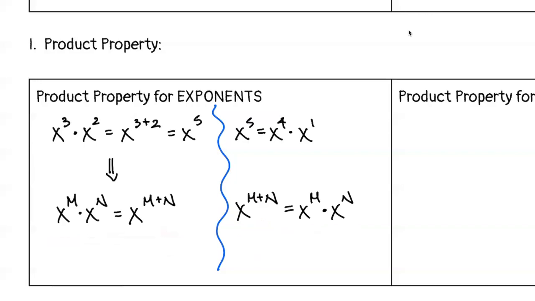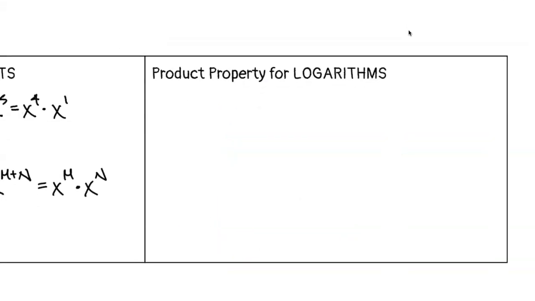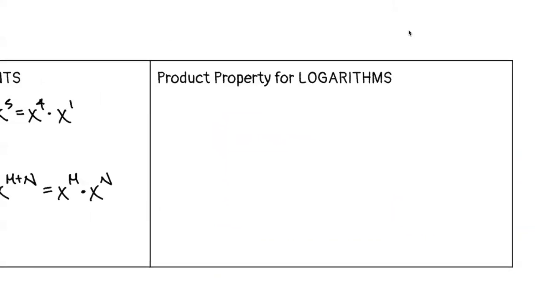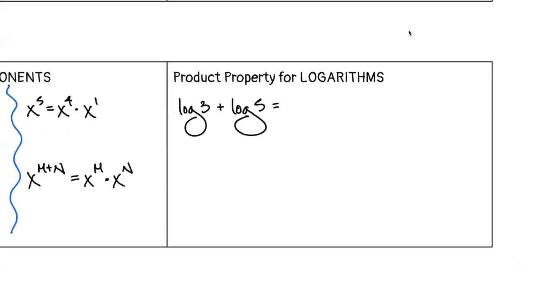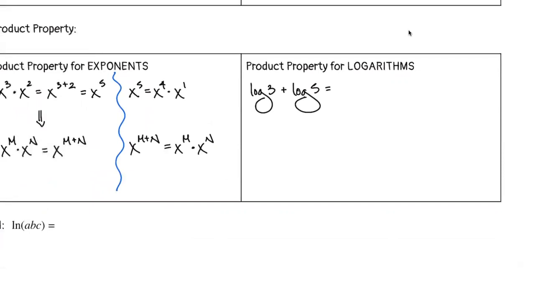So it turns out that the product property for logarithms is parallel to this. And in fact, if I take log of 3 and I add log of 5, what do we think we could get if we add those?